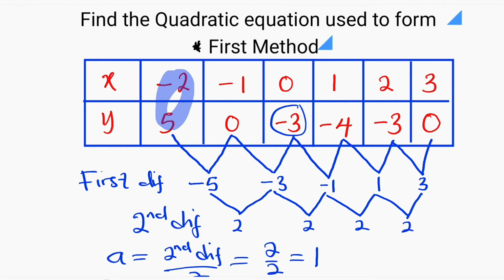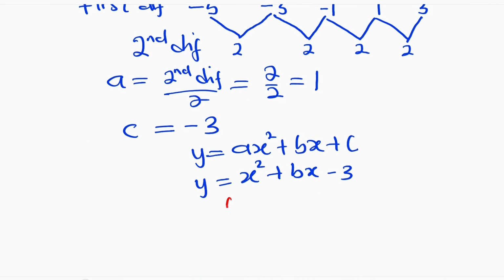So let's use this one: when x is -2, y is +5. So we have x and y values equal to -2 and 5. Let's substitute them here to see what is the value of b.